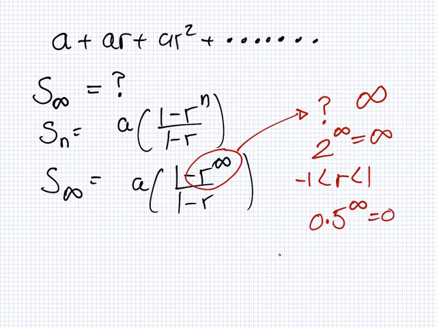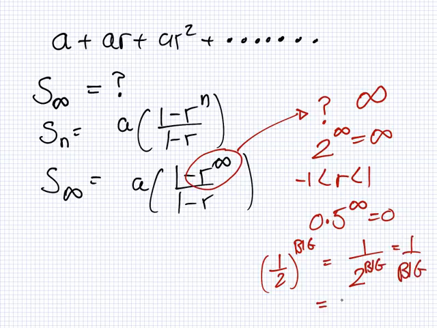Because 0.5 to a big number is 1 over 2 power a big number, that's 1 over a big number, which is a small number. So when we have a number like 0.5 to a power like infinity, we get 0.